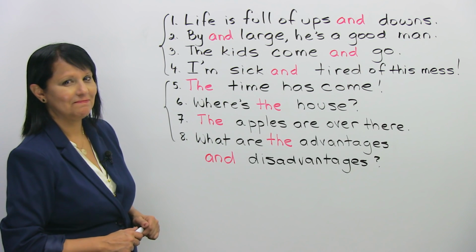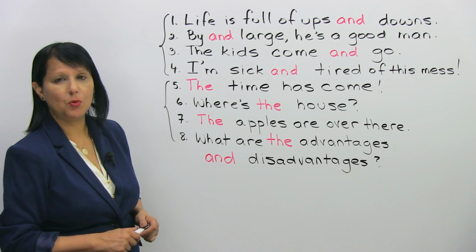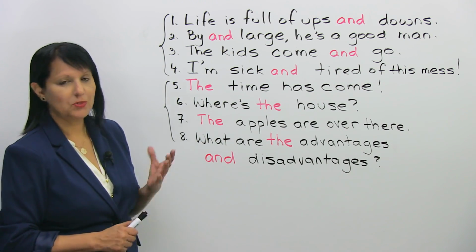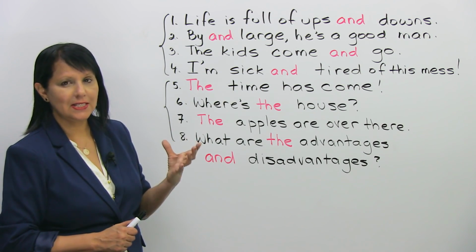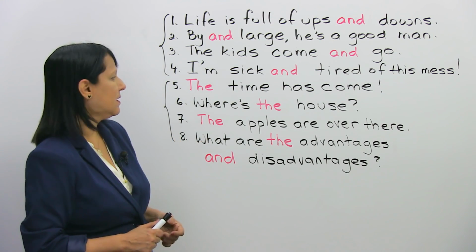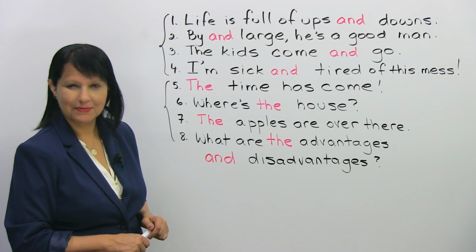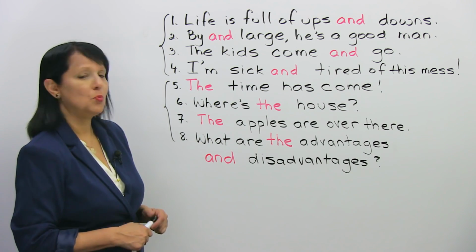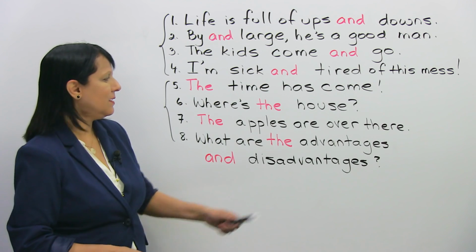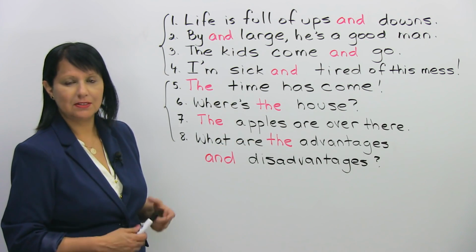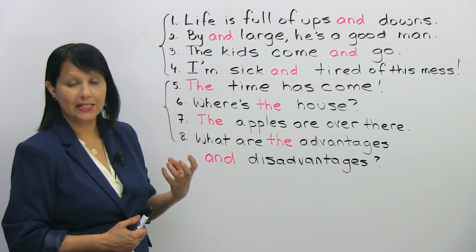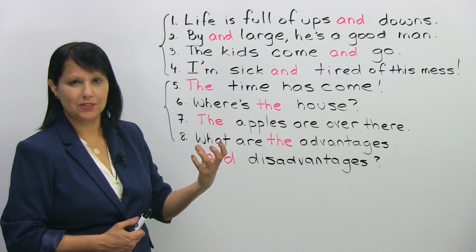Let's try number 5. What do we say? The time has come or the time has come. What was the rule? Before a consonant sound, we're going to say the. The time has come. Good. Where's the house? Here, house started with an H and sounds like an H. House.